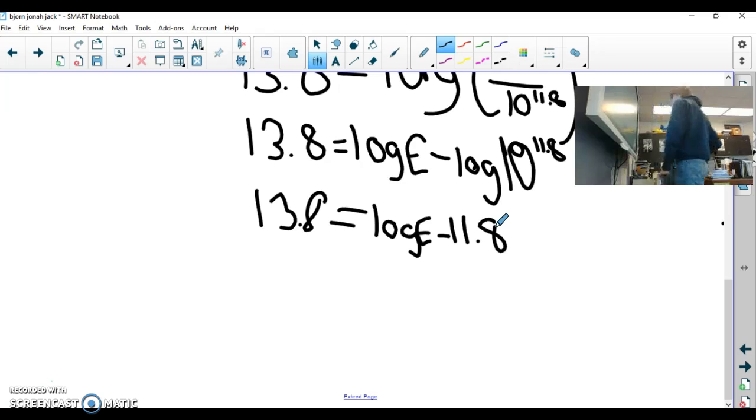Basically just simplified here because log 10 is just 1.